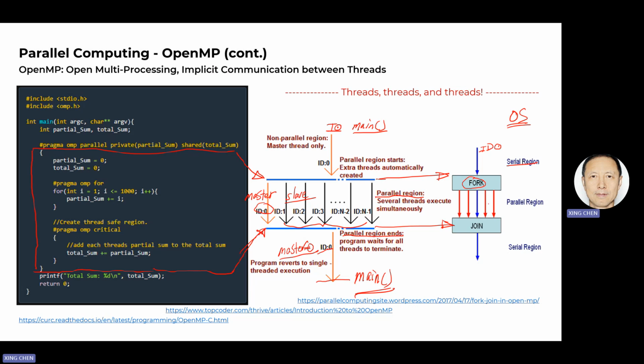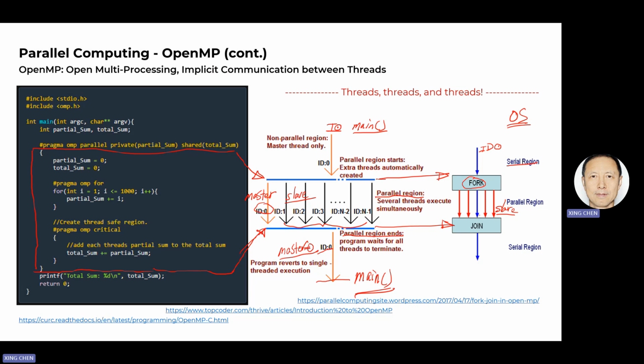The color here is different from the other side. Here, ID 0 is blue. The other slave threads are red. So the system is going to fork a lot of threads to help thread 0, the master. The quantity depends on the system setting.